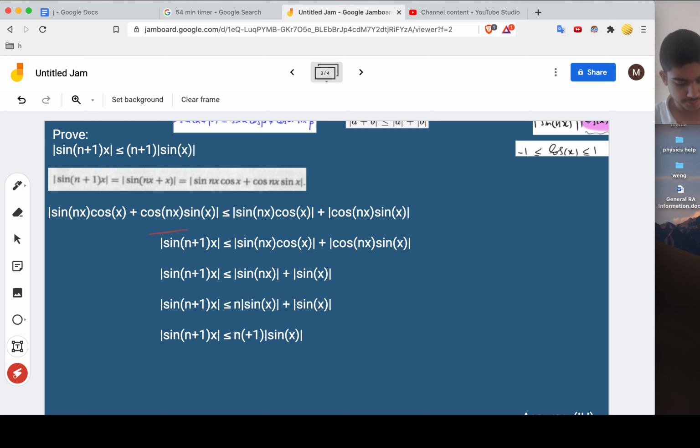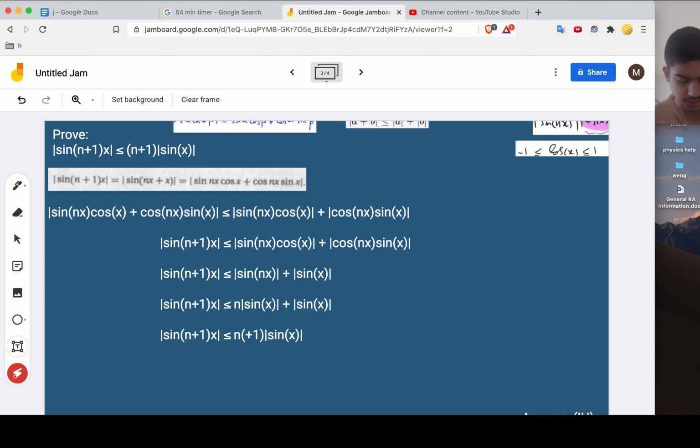Just replace it. Okay, and then what we do, we have this left side right here, right? We just replaced it, and the right side stays the same. Okay, now we're going to try and fix the right side.